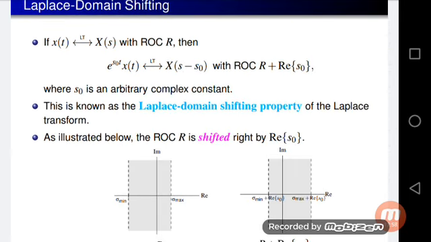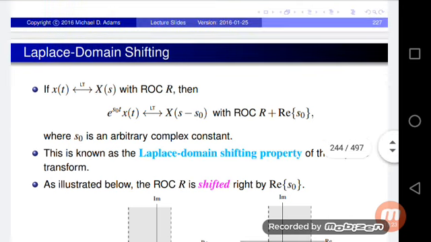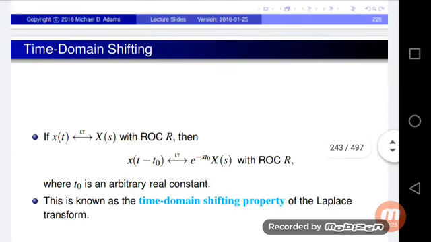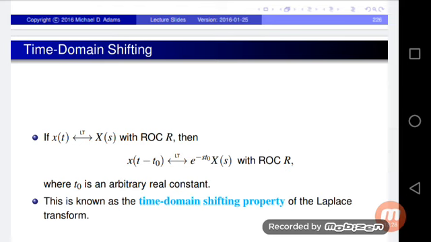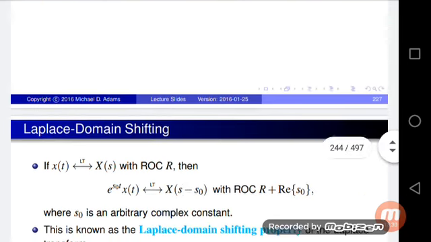Next one is Laplace domain shifting. Laplace domain shifting means that when we change capital X of s to capital X of s minus s naught. In the time domain, we replace x of t accordingly.